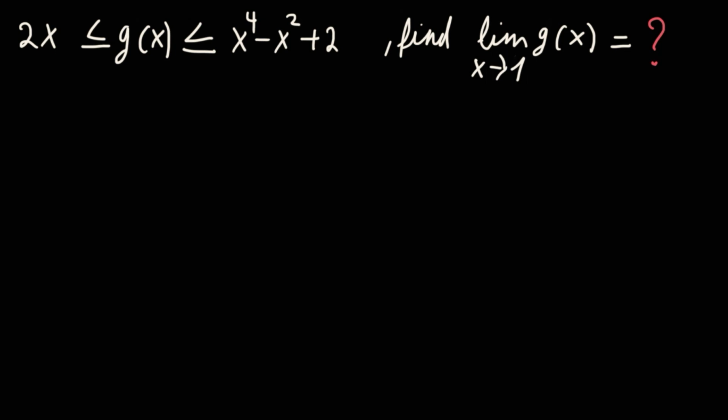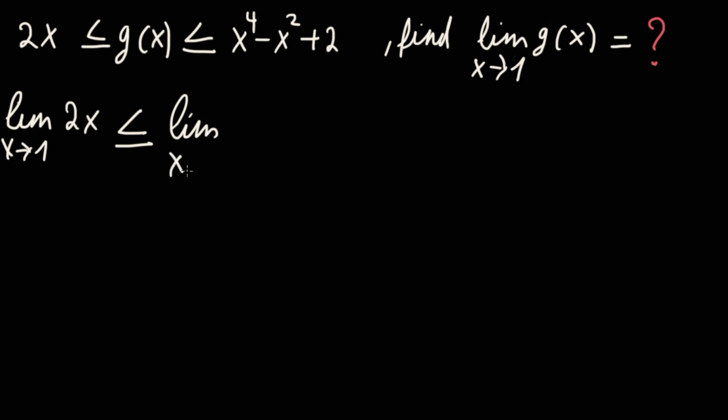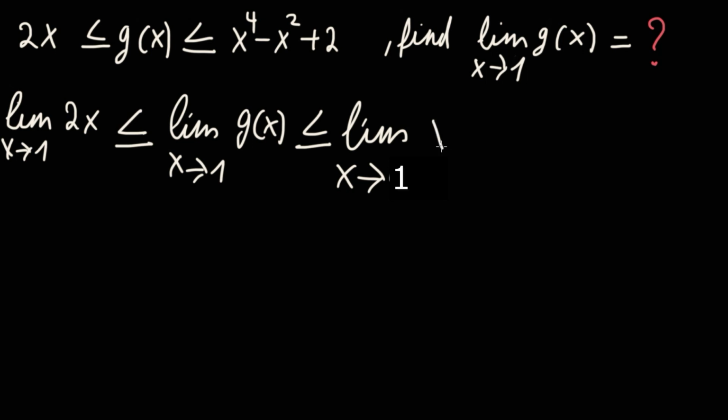So now it will become the limit as x approaches 1 of 2 times x, then the limit as x approaches 1 of g of x, then the limit as x approaches 1 of x to the fourth power minus x squared plus 2. So now we are going to replace the x with 1. So it will become 2 times 1.